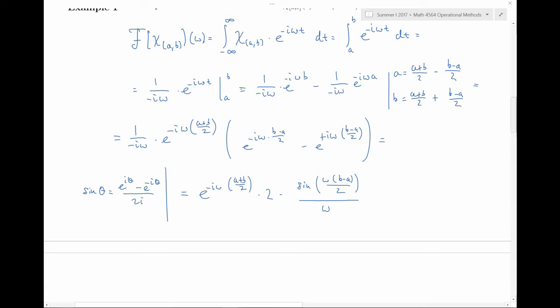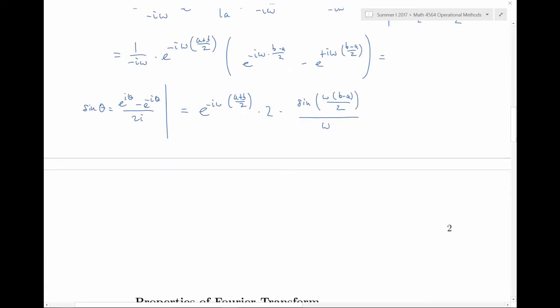In particular, if a and b are negative of each other, then the formula loses the exponential term, which becomes just e to the 0.